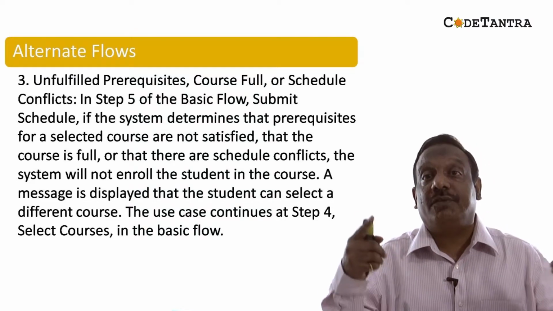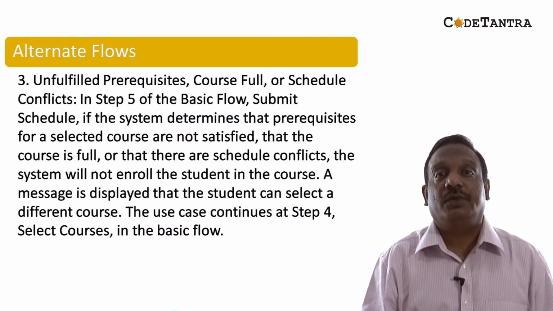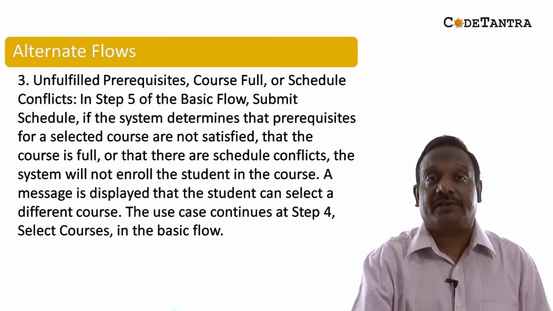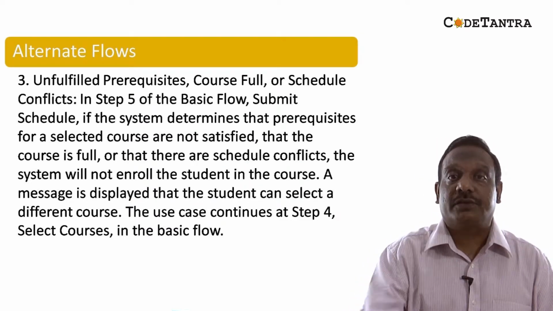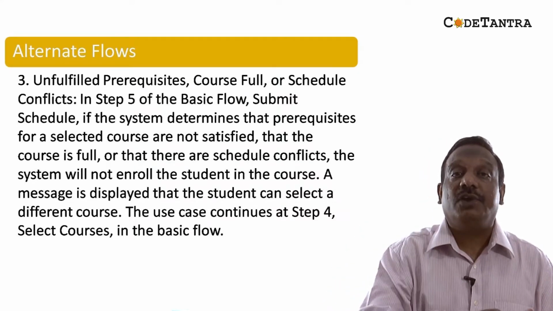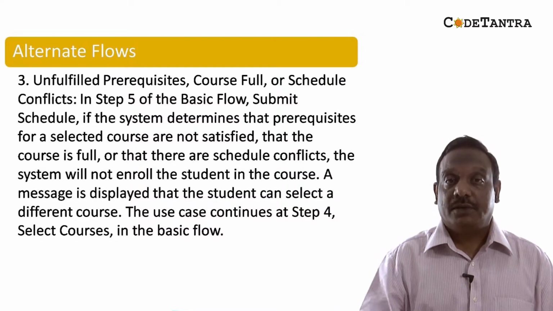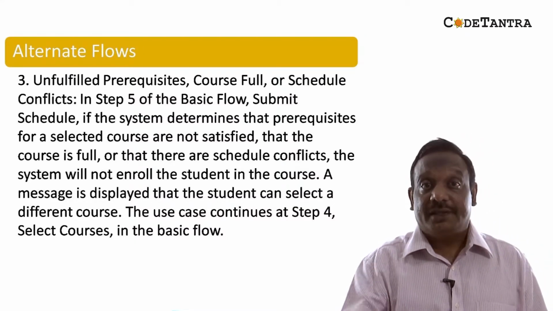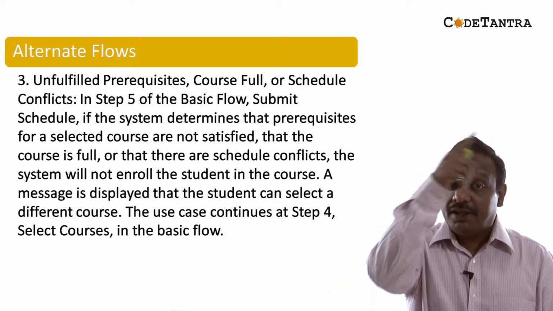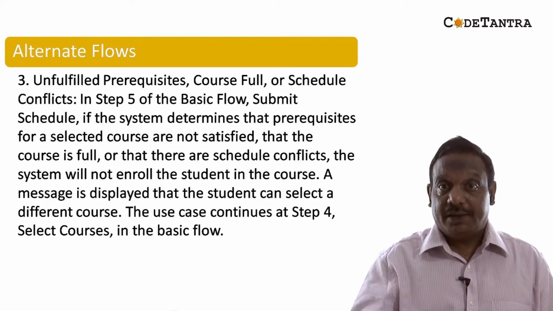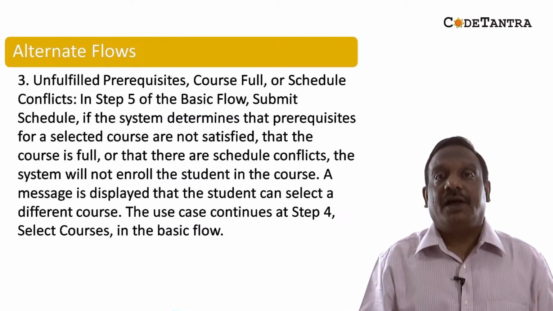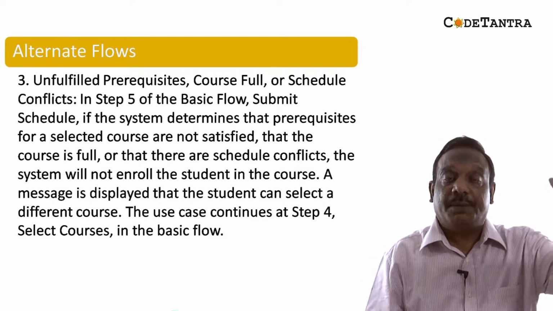So in step 5 of the basic flow, when you submit the schedule, if the system determines that prerequisites for a selected course are not satisfied, that the course is full, or that there are schedule conflicts, the system will not enroll the student in the course. A message is displayed that the student can select a different course. The use case continues again at step 4, select courses, in the basic flow. That is how the third alternative flow happens. We are keeping it at a very high level.